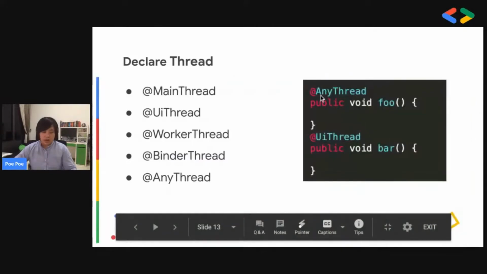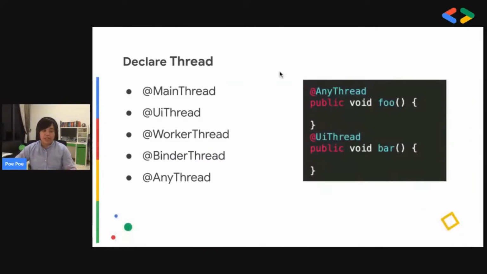So after the initialization step is done, you now have a client, and then you have all these initialization steps. Another one is you have your own functions that the client will call. So you want to denote all these as well, like for thread declaration, we are also making use of the Android annotation.